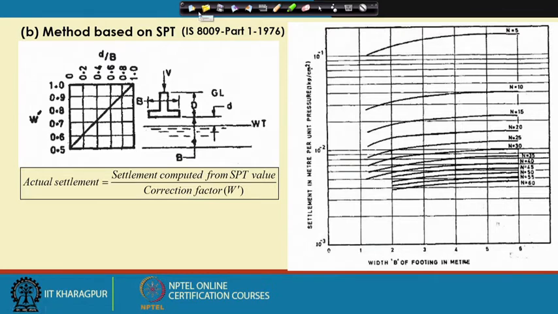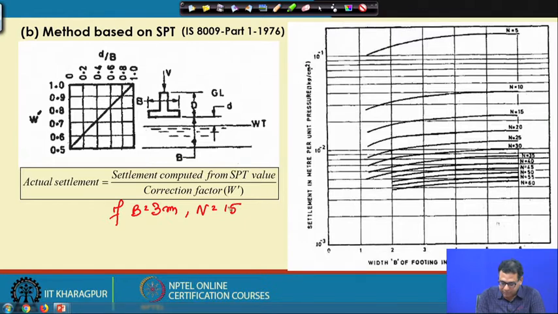So, which means that if suppose we have a footing width of 3 meter and the N value is 15, the corrected N value, N corrected.